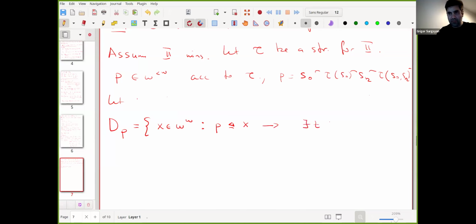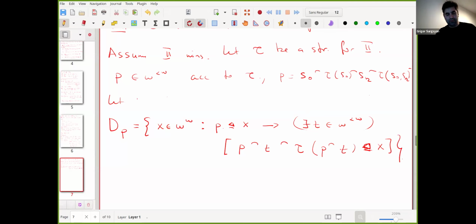So there is a finite sequence t such that P followed by t, then followed by the response of tau, is an initial segment of x.